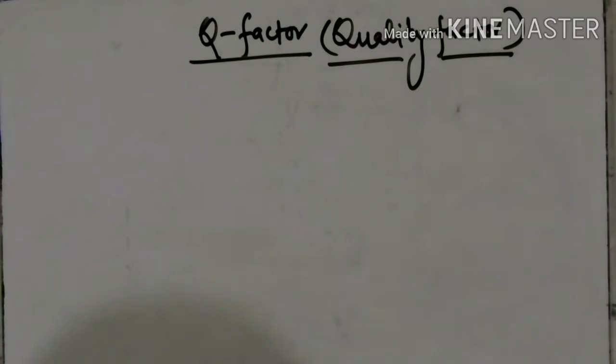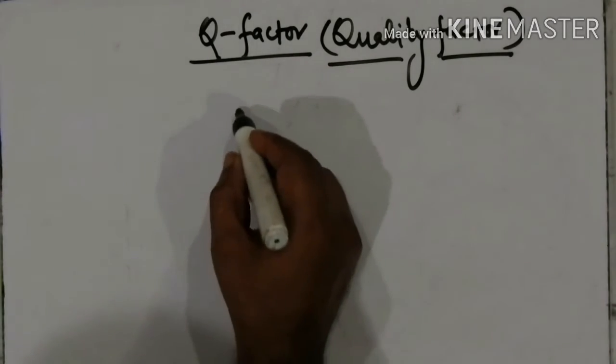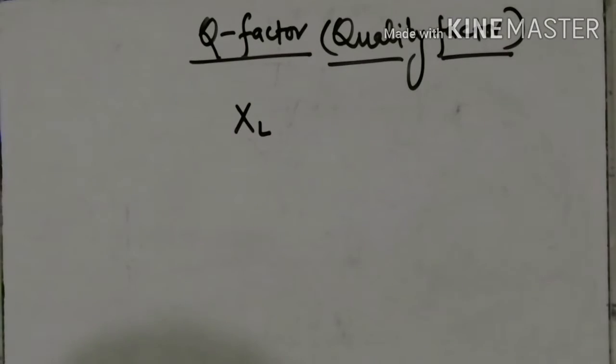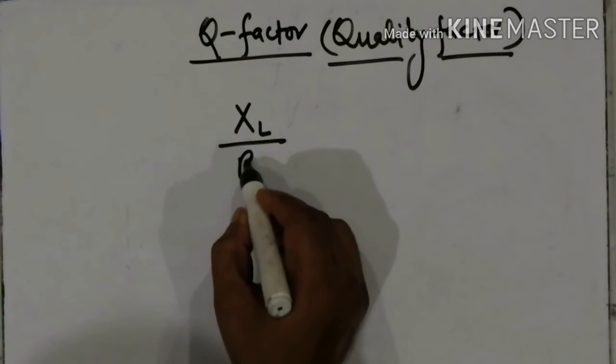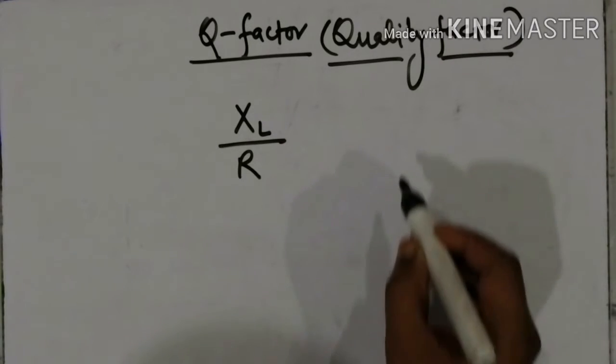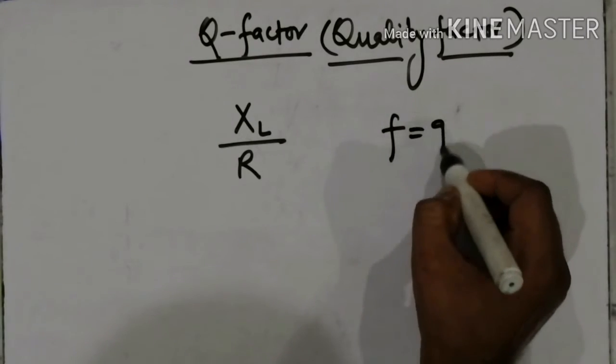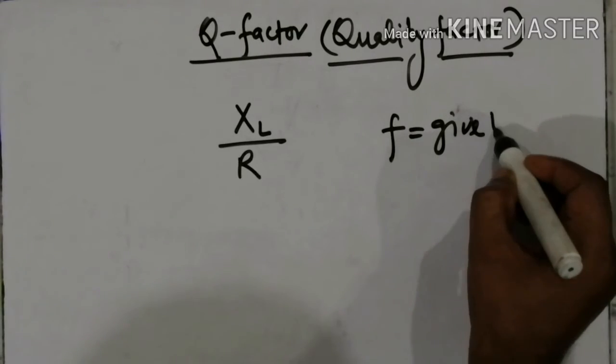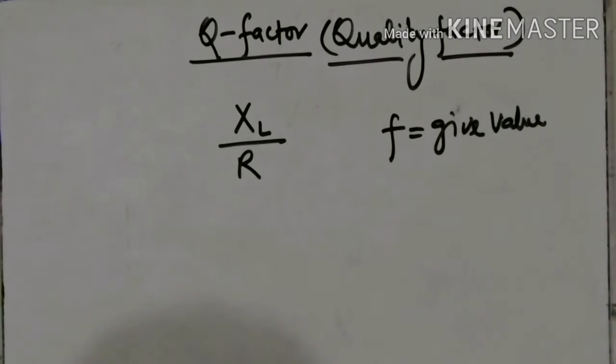The ratio of the inductive reactance, that is XL, of a coil to its resistance at a given frequency value is known as quality factor of the coil.